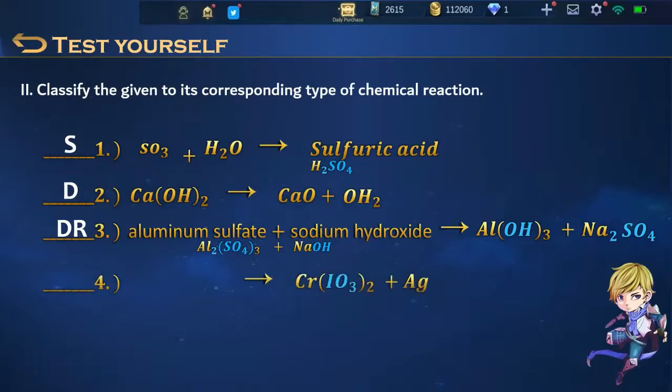Last example, we have chromium... kay 2 ang charge, chromium iodate plus Ag or silver. Switch partner, this is an example of single replacement. Kaya na may single dire. So switch partner, that is AgIO3, and then this time, Cr.